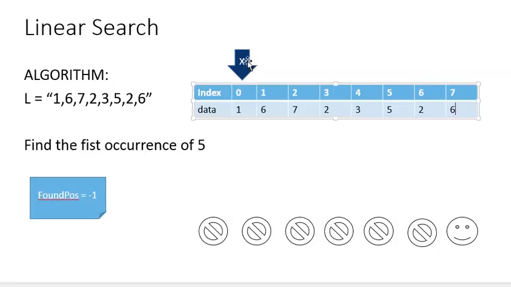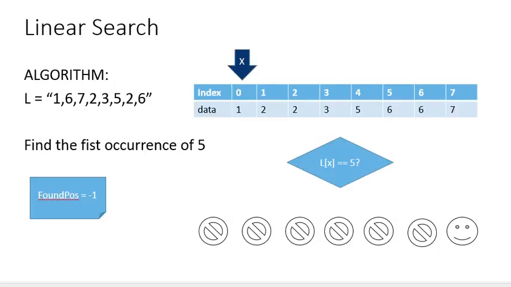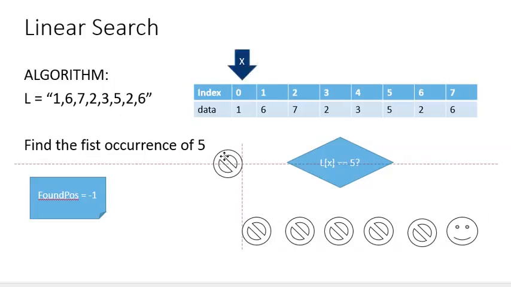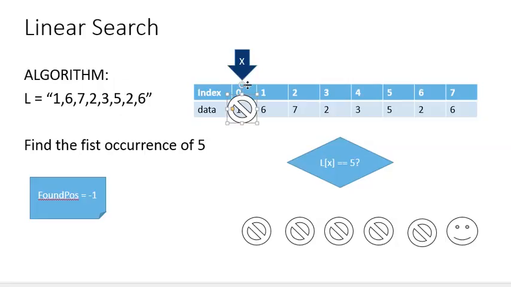The logical way to do this is simply to start at the first element and ask every single time: is the value at position x, L[x], equal to 5? We start off obviously with x equal to 0, because that's the first element of the list. Is L[0] equal to 5? The answer is no, and so we'll simply dismiss that one.